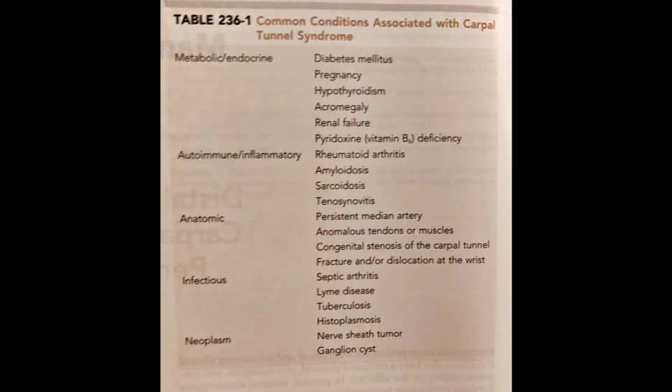In addition to all these, there are a few systemic conditions which make the patient more prone to developing carpal tunnel syndrome. These are the set of systemic conditions which do so.